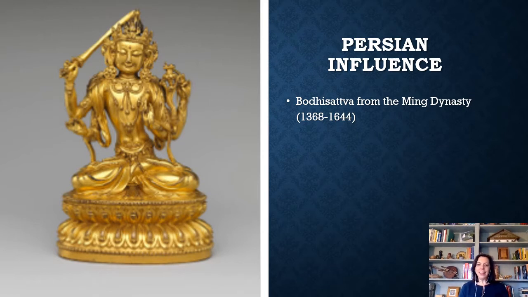And again, if I asked you, where is this from? What country of origin does this have? You probably would not have guessed China. Hopefully, you would have guessed another Asian country. So again, just an illustration of how trade has really influenced every aspect of art.